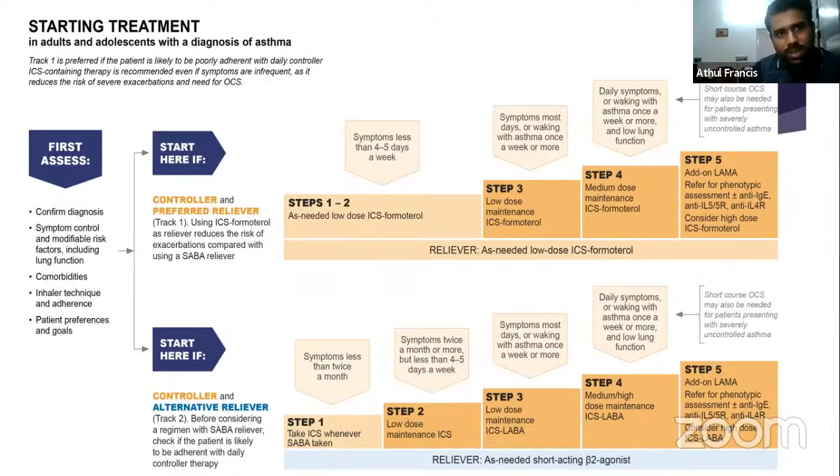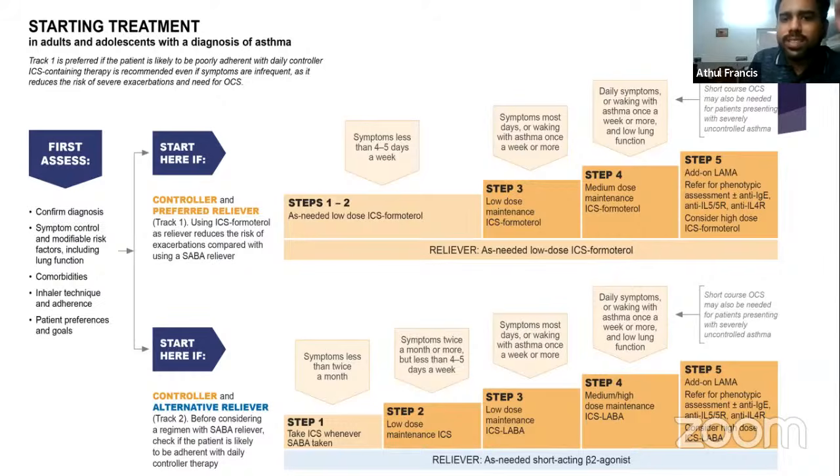As such, patients are hesitant to use inhalers. This in turn will reduce patient compliance even further. Here you also have a low dose maintenance ICS LABA, so from step 3 you become an ICS LABA and short-acting SABA. So initially it's a dual inhaler and patient complaints will have to be seen.